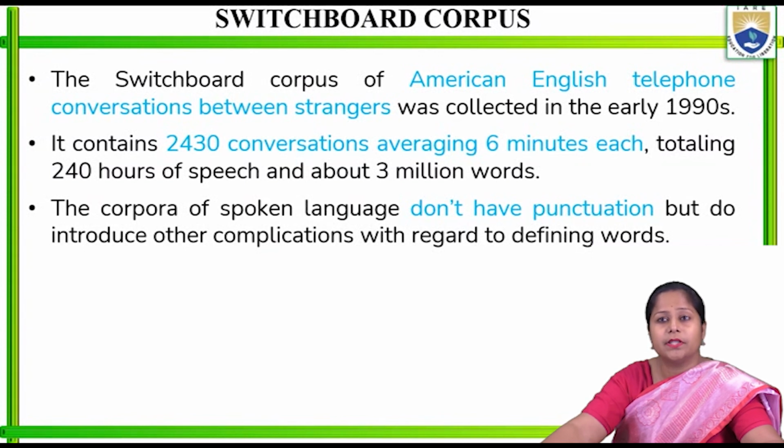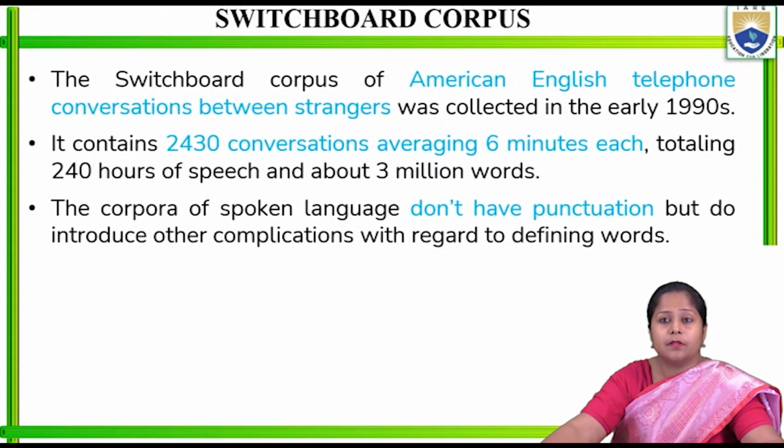The Switchboard corpus of American English telephone conversations between strangers was collected in the early 1990s. It contains 2,430 conversations, meaning 2,430 documents, averaging 6 minutes each. These are spoken audio files, totaling 240 hours of speech and about 3 million words.